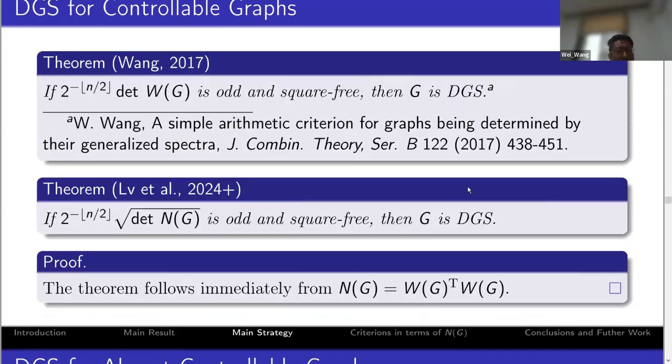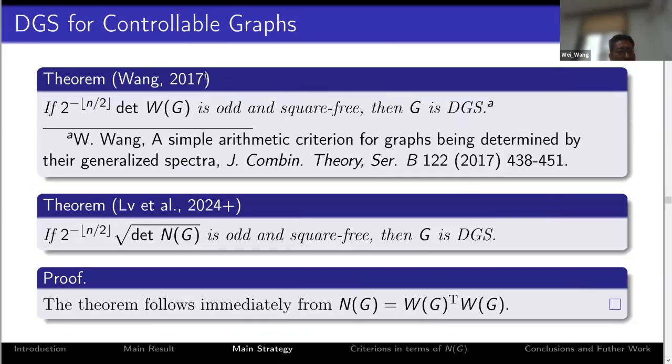So based on this strategy, we have this theorem. Suppose the determinant of W_G divided by this number, which is always an integer, is odd and square free. Then the graph G is DGS.